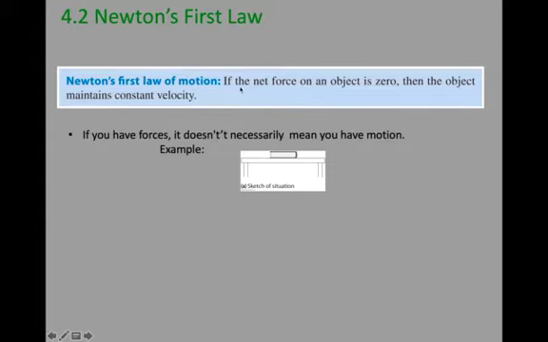So Newton's first law says if the net force on an object is zero, then the object maintains constant velocity. لأنه إذا ال F net is equal to zero, يعني ال mass times the acceleration is zero, يعني the acceleration is zero, يعني the velocity of the object will always be constant. مظبوط؟ فكروا فيها. And the velocity can be constant and it can even be zero, right? The velocity تكون zero and Newton's first law will still be applied.